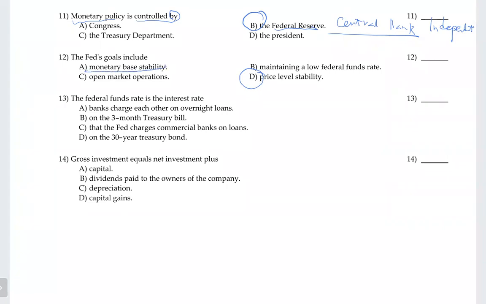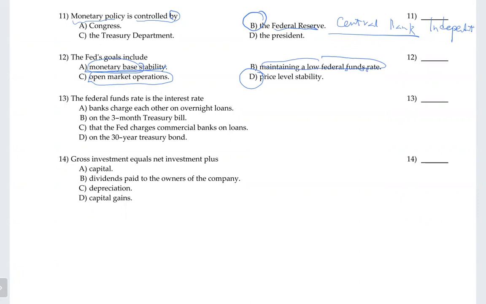But they can control or affect the monetary base. Open market operation is their tool to achieve their goal in terms of adjusting the money supply. Maintaining a low federal funds rate is also not their goal, but they can adjust the federal funds rate to achieve their goal.